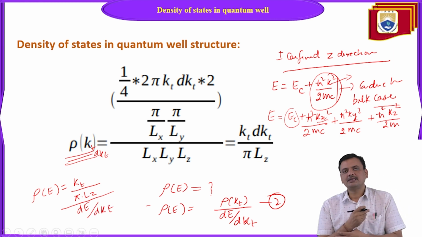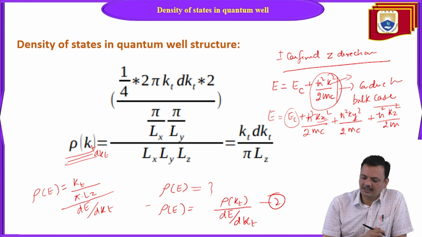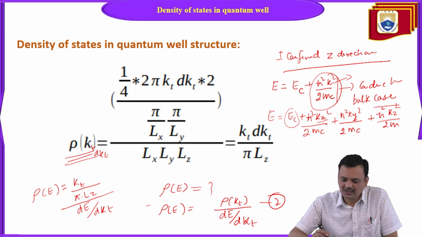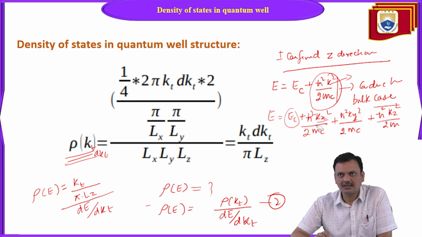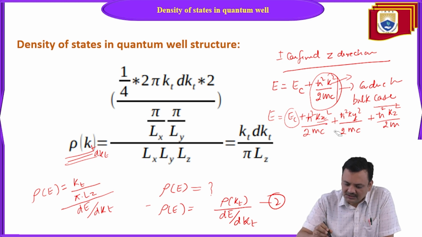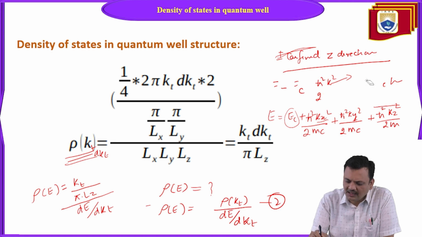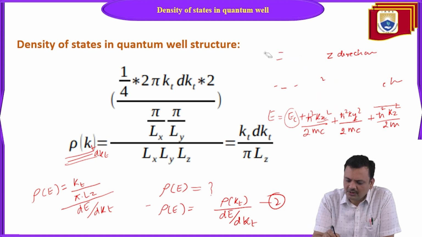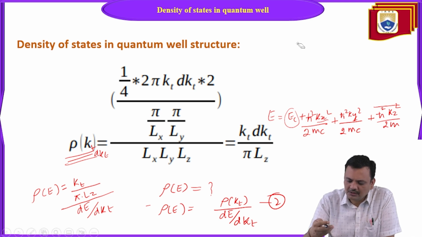Now, what is dE by dkt? This is your relation of energy for the quantum well structure. From this relation, I already wrote the expression in terms of kt. What did I write?